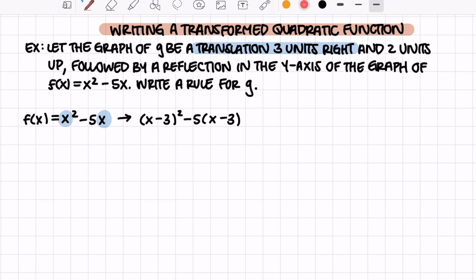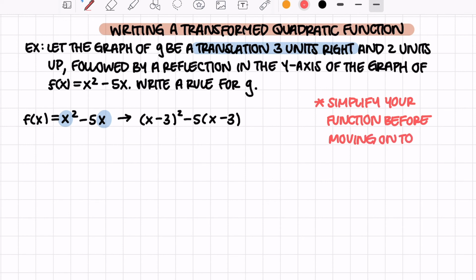The important part is that no matter what you get as your transformation, you always want to simplify your answer before starting on the next transformation. So I'll write it right here: simplify your function before moving on to the next transformation.